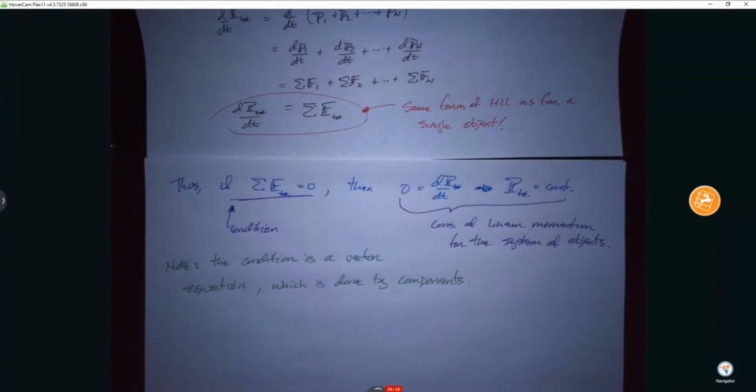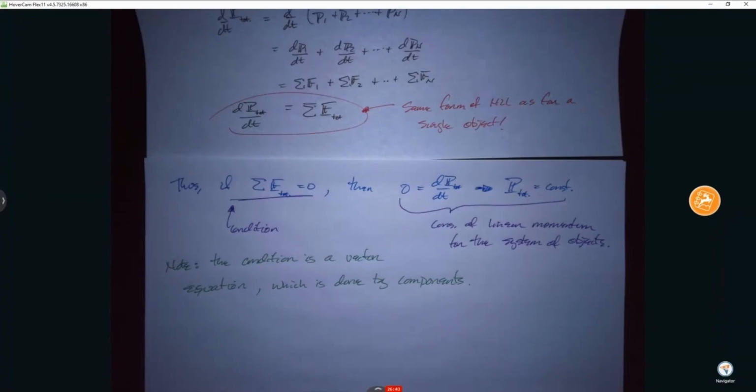What's interesting is that in one component direction, we could satisfy the condition and conserve momentum in that direction, but in the other direction, it might not be conserved. So we might have conservation of linear momentum in, let's say, the x direction, but not in the y direction in a process.